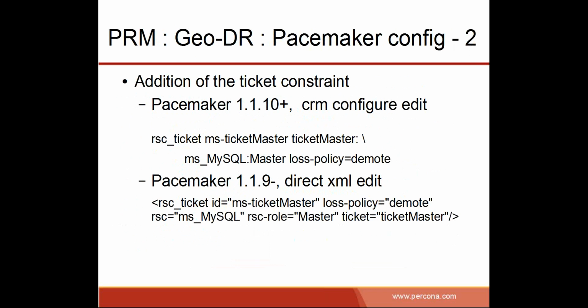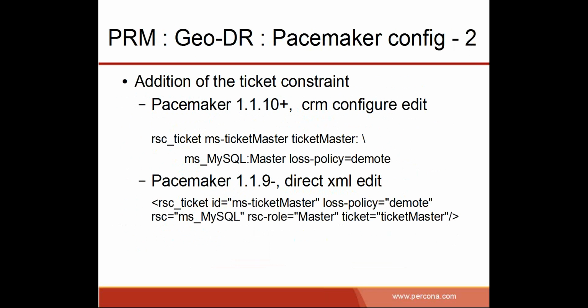It basically tells that ticket master and ms-mysql, the role master of that master-slave clone set, are linked together, and if the ticket is lost, you have a demotion. If you're using an older version, which is very common, so that's why I'm including it, and I'll give the example of how to deal with this, because my demo is using 1.1.7.